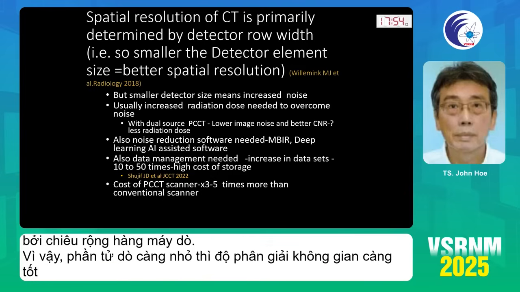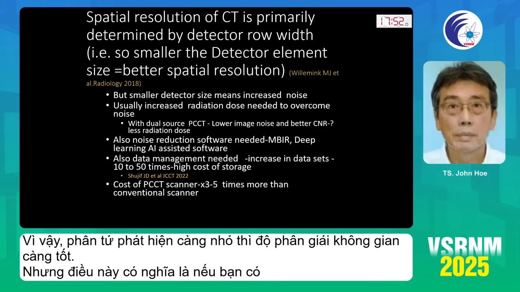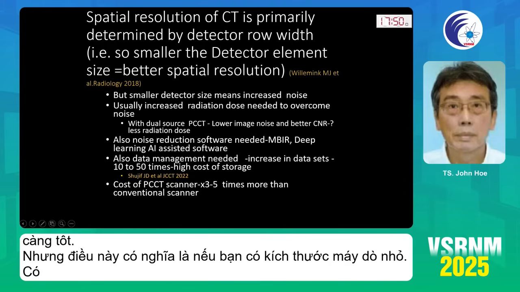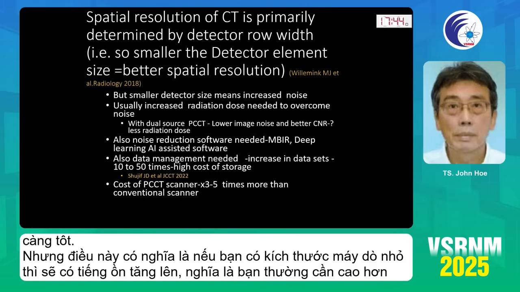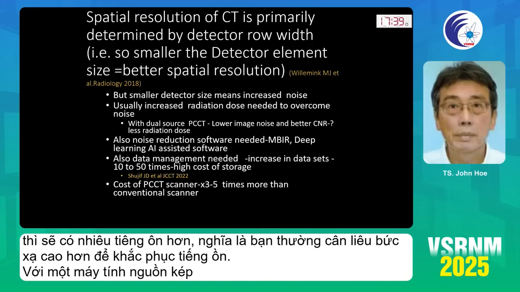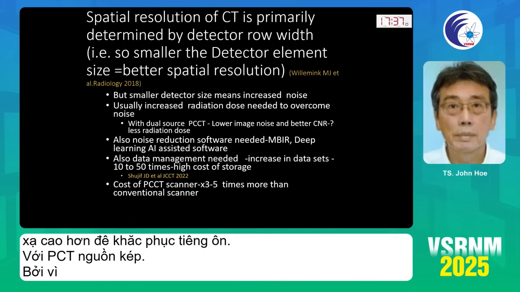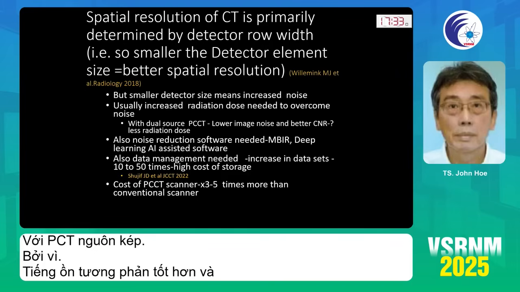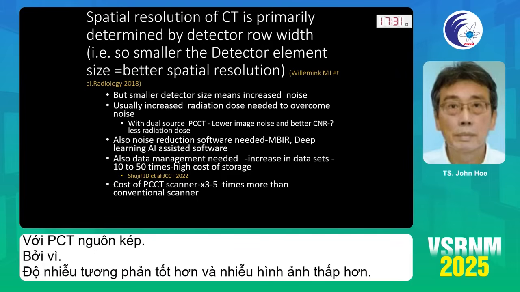But this means if you have small detector size, there's increased noise, which means you usually need higher radiation dose to overcome the noise. With a dual source PC-CT, because of the better contrast to noise and lower image noise, the question is, is there less radiation dose?